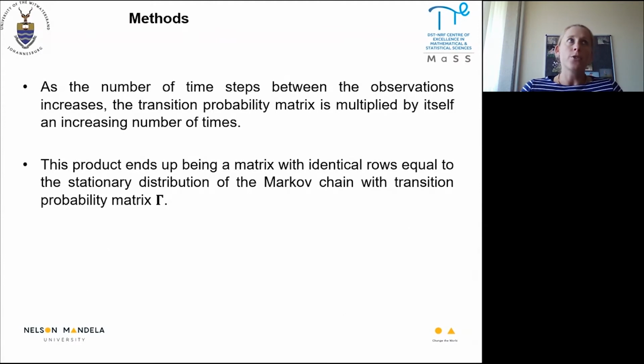So what's quite interesting is that as you have more and more steps between them, you end up with just a single set of probabilities of being associated with each state, which in a way does make sense from the biological side. If you're used to spending, say, 50% of your time in a rested state, once you've had a large number of gaps between these successive locations, you're going to have less information.